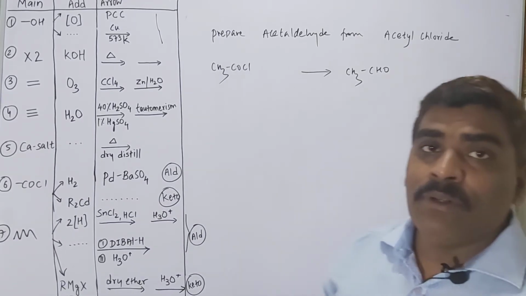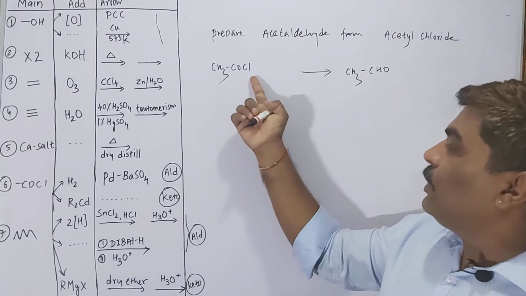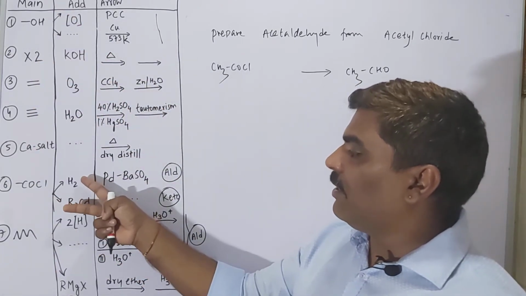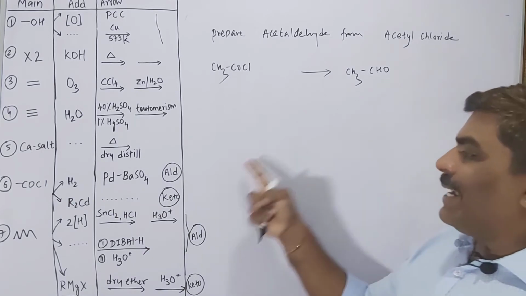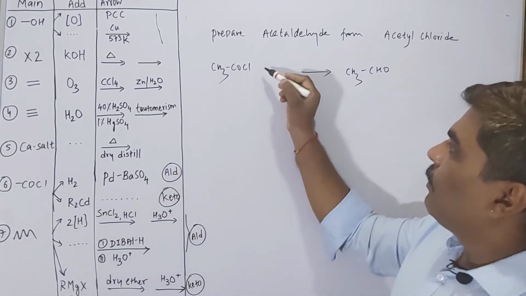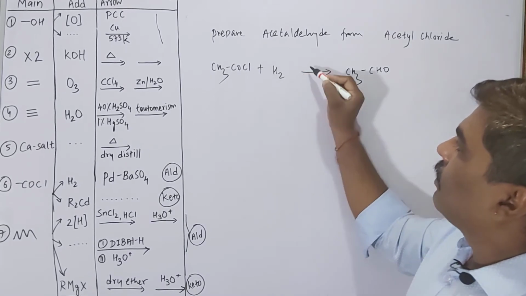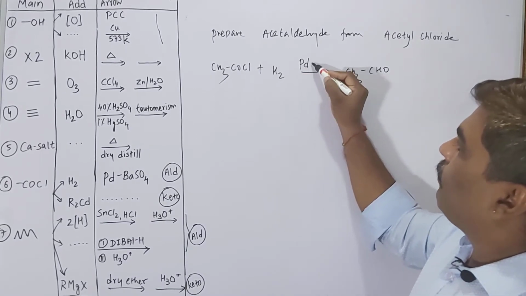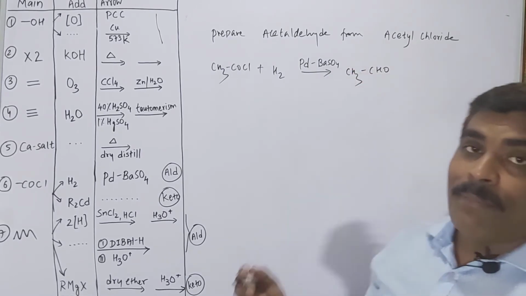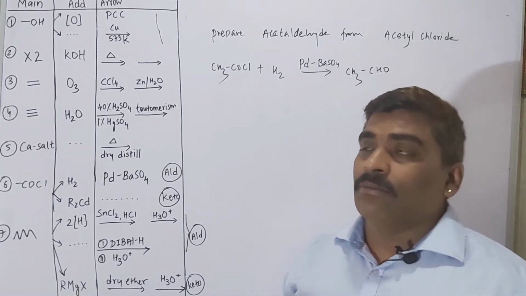Okay, so very simple. If you go through the formula COCl, where is COCl in this? COCl is here. Two possibilities are there. So we want to prepare aldehyde. So what do you have to put? Hydrogen. So we'll put here hydrogen, and on the arrow palladium and barium sulfate. So what happens in this reaction? Very simple reaction.